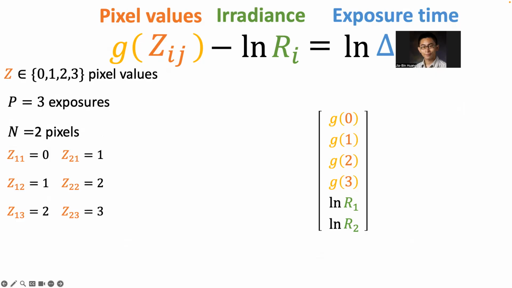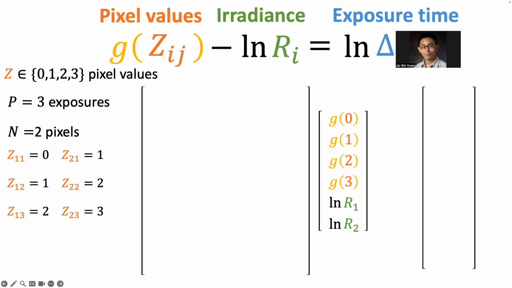Now, based on that observation, let's set up a linear system of equations. It looks like this. I want to fill this in the form of Ax equals b, and then I can solve this with linear least squares. Let's first look at the first pixel and the first observation.